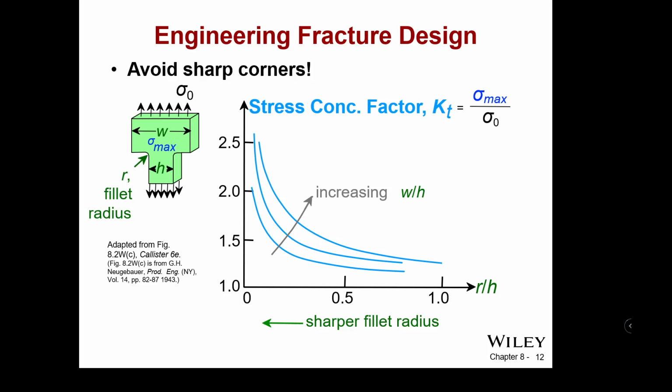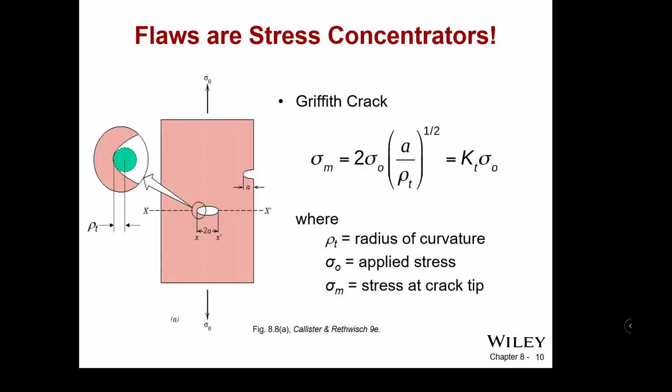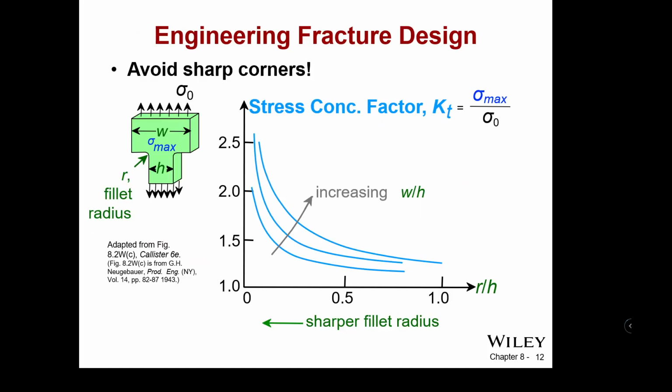So, here's where we're at. We're thinking about what engineers need to consider in terms of fracture design. We talked about stresses and cracking, and this process is very straightforward. It's something you'll use a lot more in other areas of design, but it's a ratio.